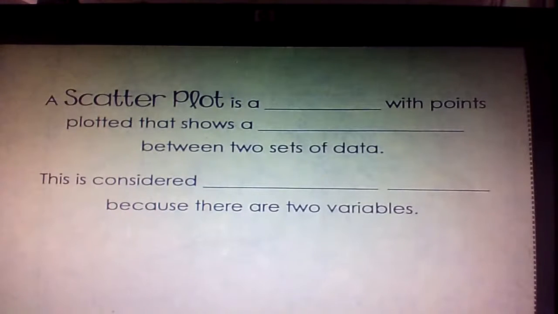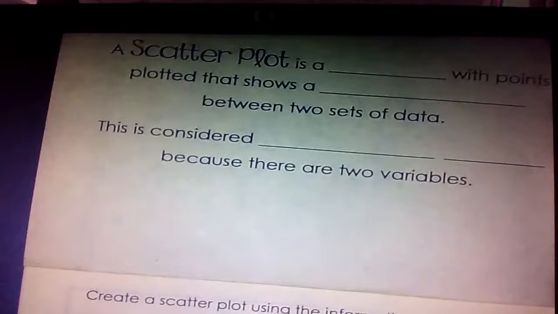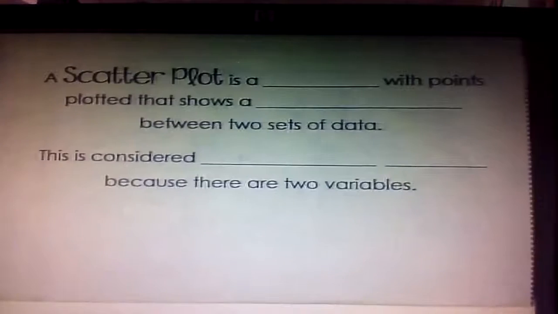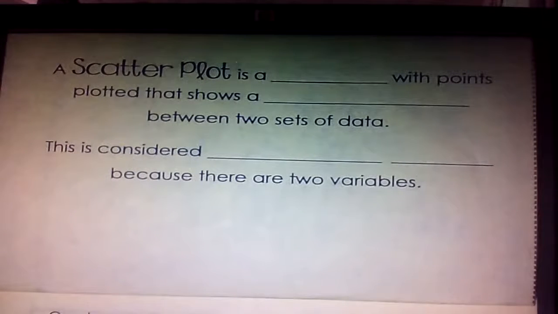Do not forget, Tuesday is your benchmark. It's on everything we've learned so far: solving equations, solving inequalities, domain and range, and functions, like the f of 2.